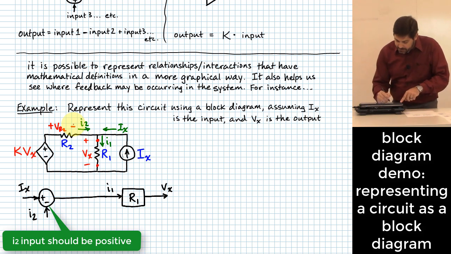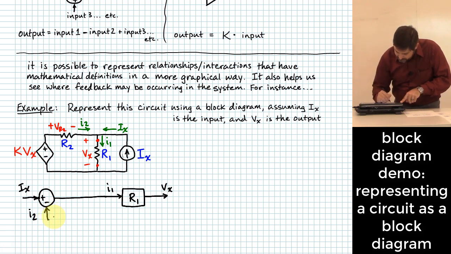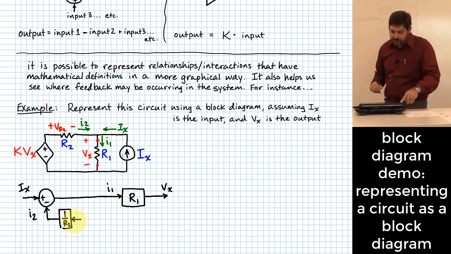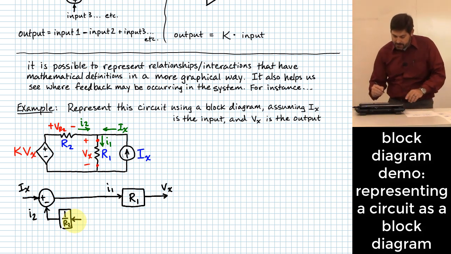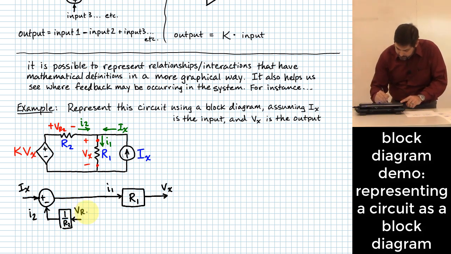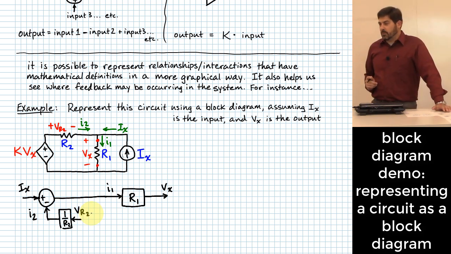What I can do is say, if I have VR2 and I divide by R2, that gives me I2, right? So if I put in here 1 over R2, then what I have to feed in there to get I2 is VR2. Okay, so far so good?